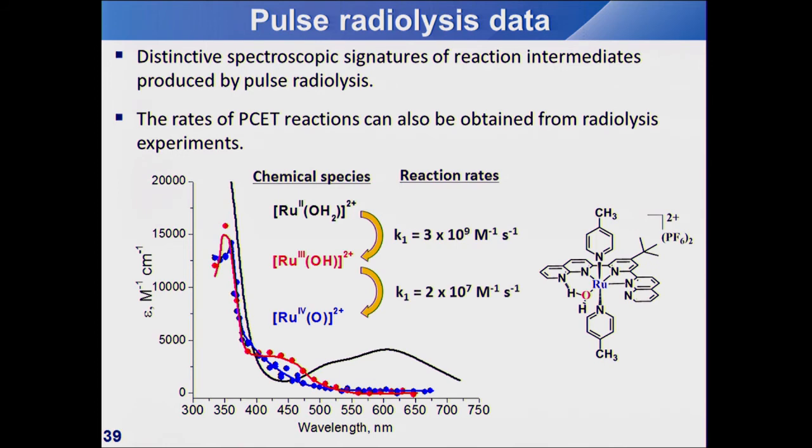That's our initial form of the catalyst, ruthenium-2. The spectroscopic signature is shown in black. Now we can produce this fairly unstable intermediate using pulse radiolysis, and you see the red spectrum. And we can oxidize it one more time and produce this intermediate, and you see it in blue. They have very different spectroscopic signatures, so we can tell them apart.